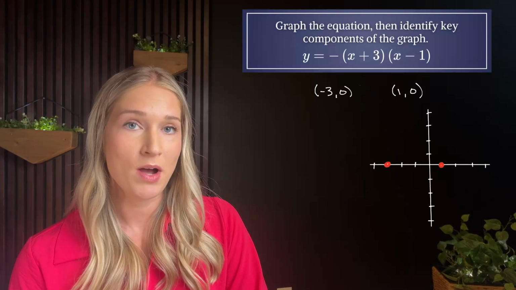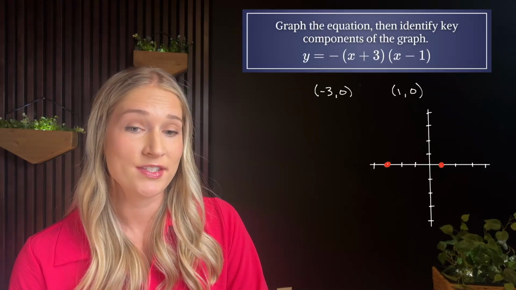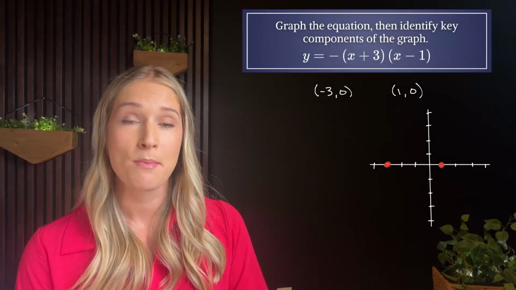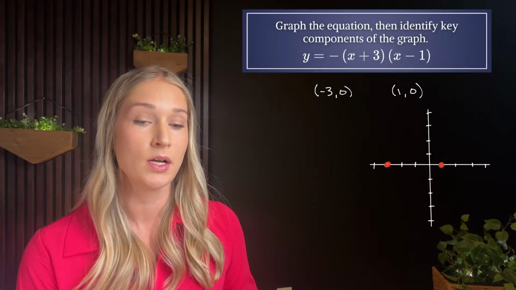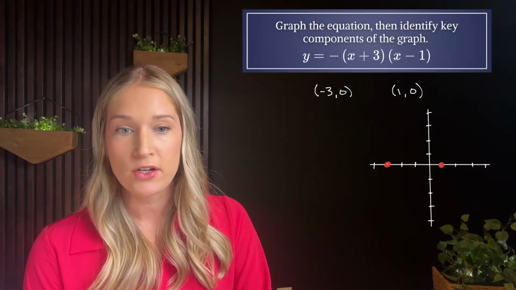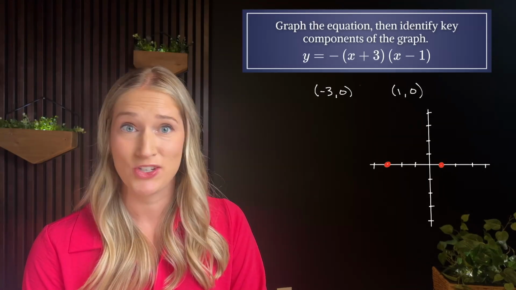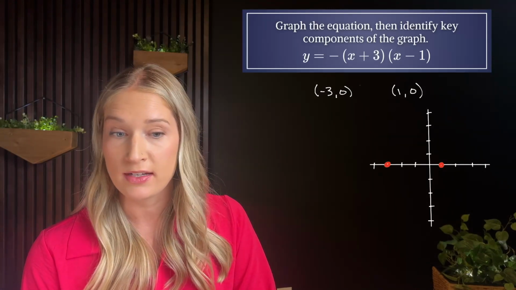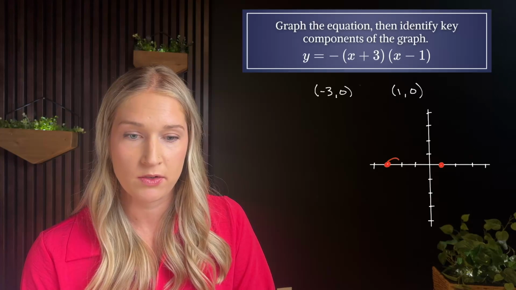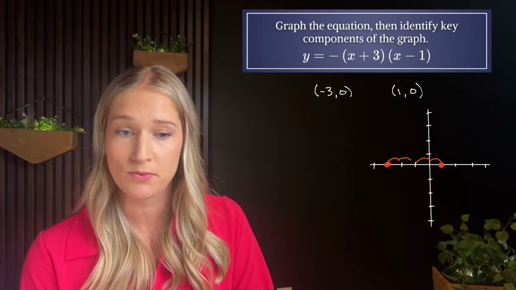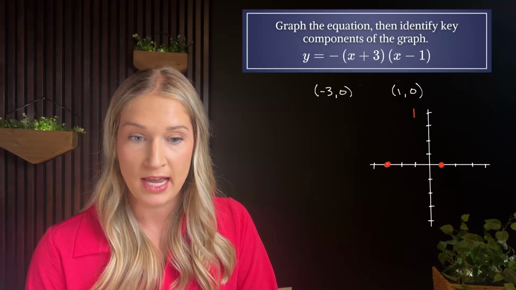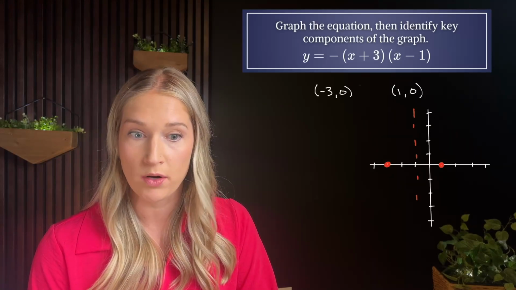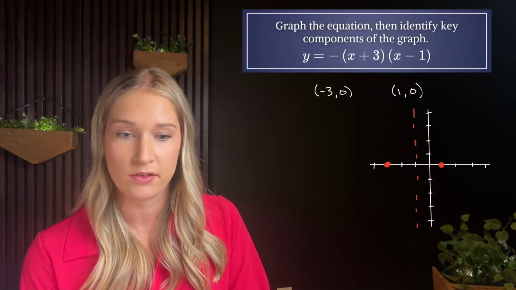What I know about parabolas is that they are symmetric, which means my vertex has to be exactly in the middle of these two intercepts. So I could go through and just kind of figure it out from the graph. I've got negative 3 and positive 1. If I go 2 this way and 2 this way, I meet in the middle at negative 1. So my axis of symmetry has to be at negative 1, or that's the middle of my graph at negative 1.